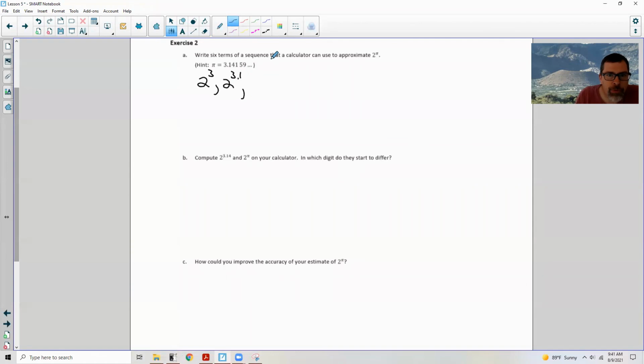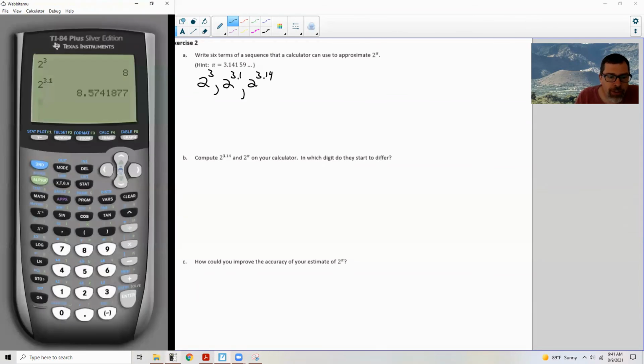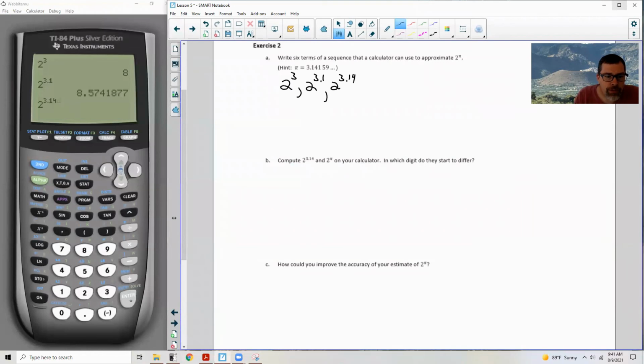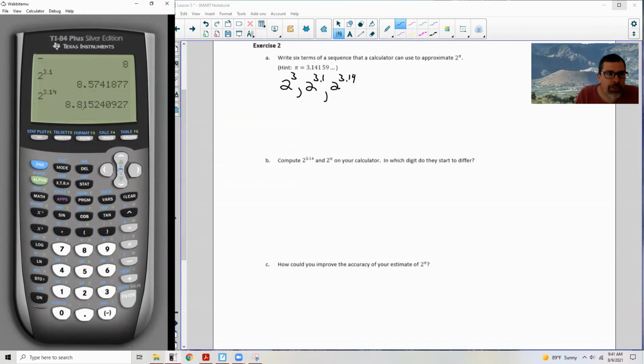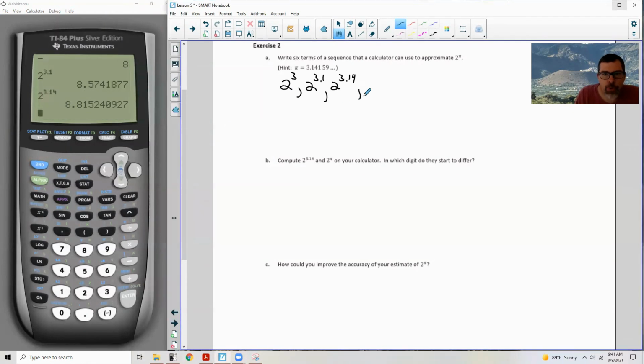And then the next number we're going to put in is 2 to the 3.14. And when I do that, 2 to the power of 3.14 is 8.8. So now it's higher than 8.5, it's 8.8. Okay, so it's getting more accurate.